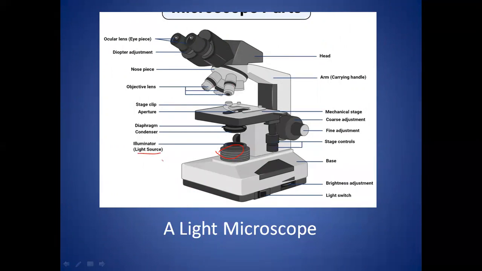Light source means a bulb is used here to observe objects, because we just switch on the light and this bulb will be lighting, and the light goes into the stage through this object, into the objective lens, into the eyepiece, and we see the image.